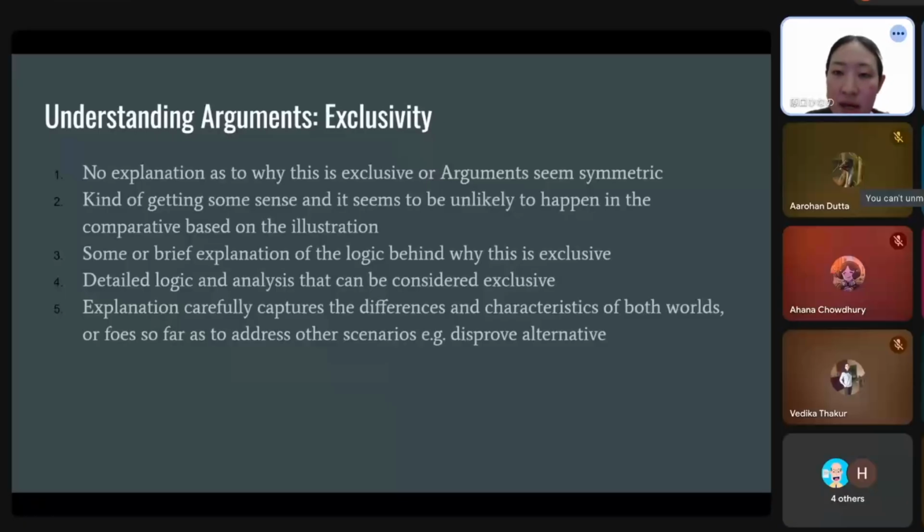is no explanation on how exclusive it is. That's why this is going to be the lowest level of explanation. The second level of explanation gets some sense, and it seems to be unlikely to happen in the comparative based on the illustration.